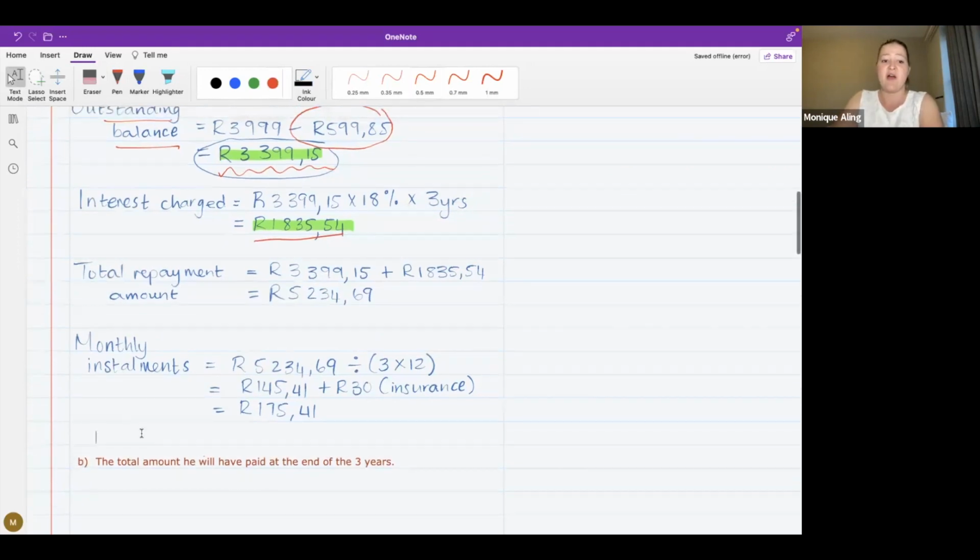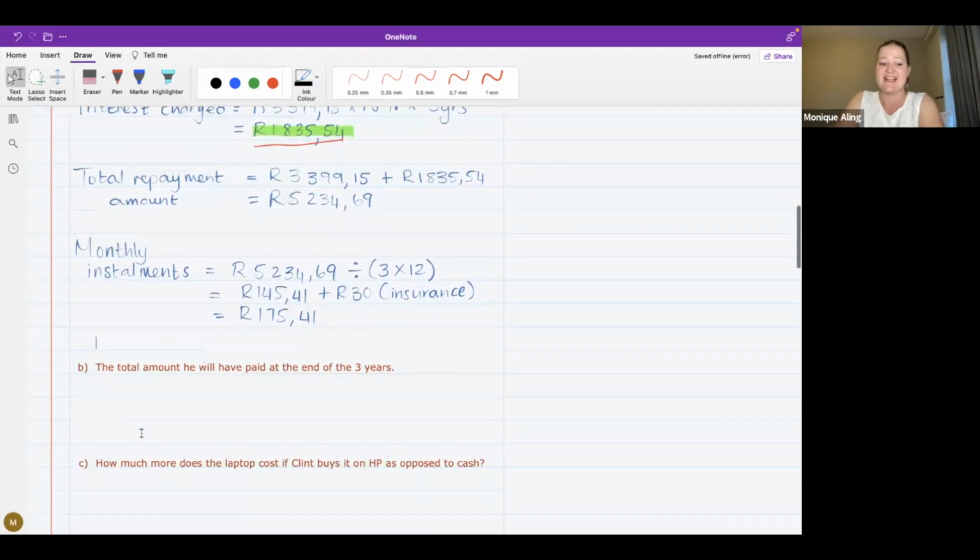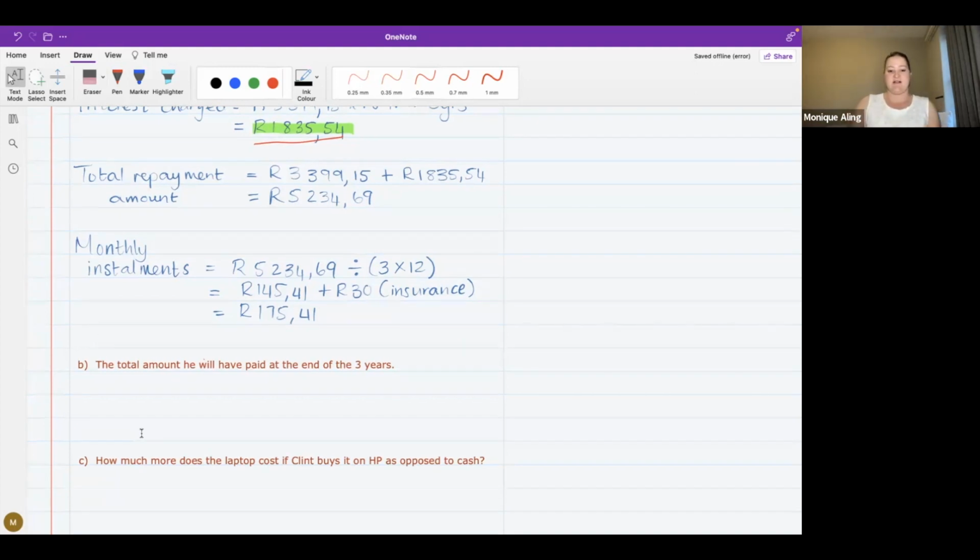Okay, so now we've just worked out the monthly installments. The next question says, the total amount he will have paid at the end of the 3 years. So we want to know what he pays in total at the end of the 3 years. How are we going to do that? So we know how much he pays per month. So can we work out how much he pays after the 3 years have passed?